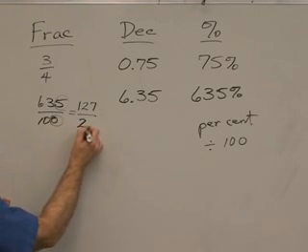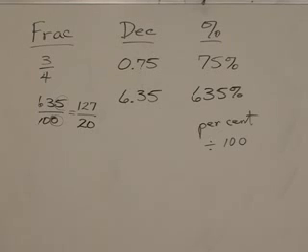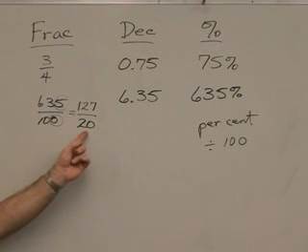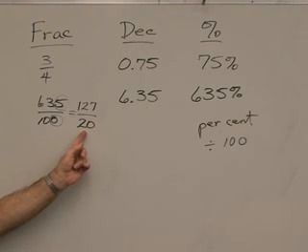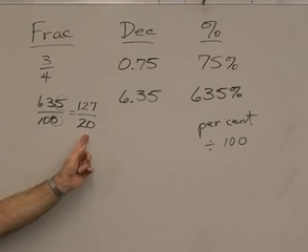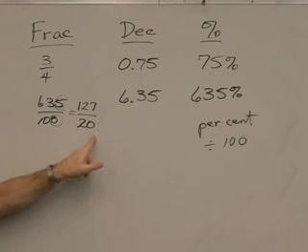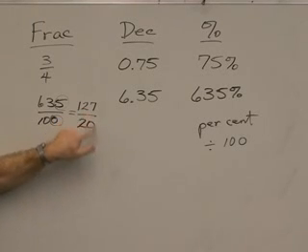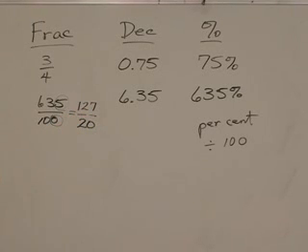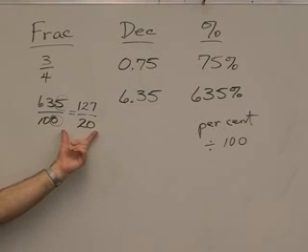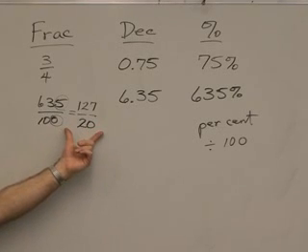And the bottom one? Now the only things that divide into this are 2 and 5. 2 times 2 times 5. 2 doesn't go into that. 5 doesn't go into that. So that's it. That's the lowest form that we can get at.